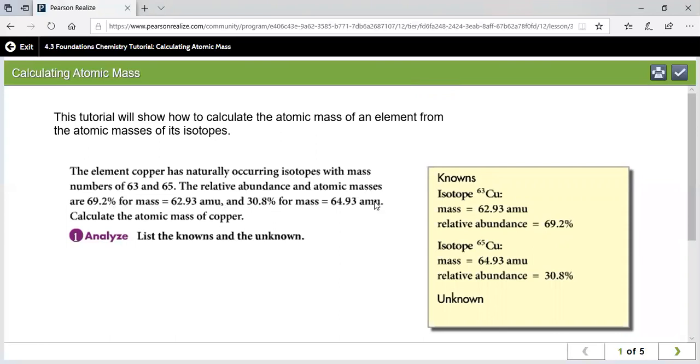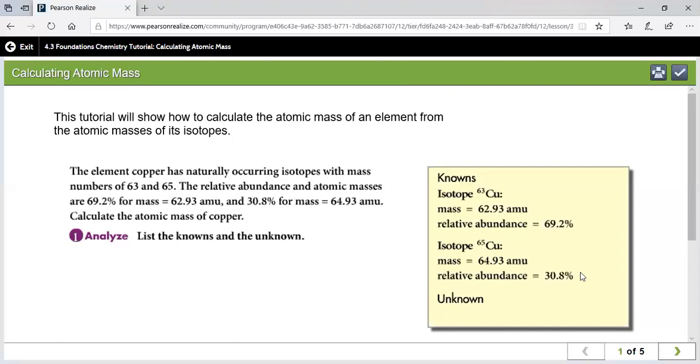The mass of the other is 64.93 AMU, and its percent is 30.8%. In the beginning, I want to know what is known and what is unknown: the known is the isotope itself, its mass and its relative abundance.